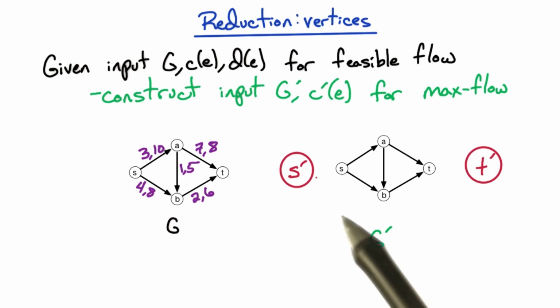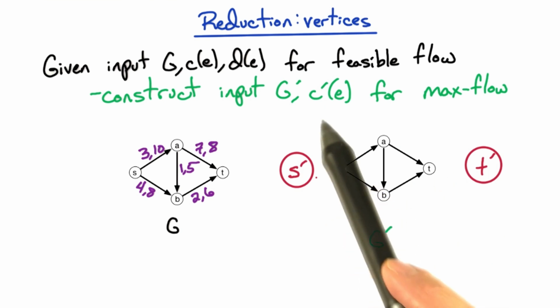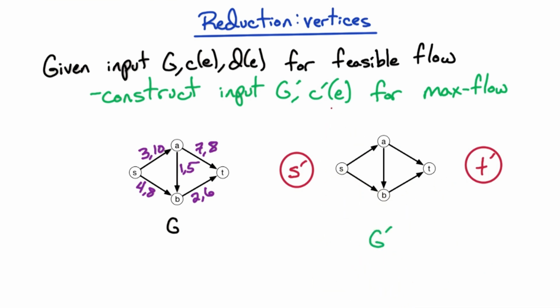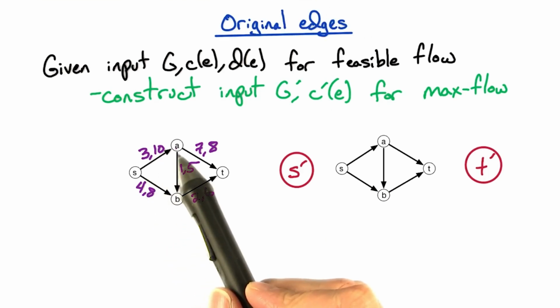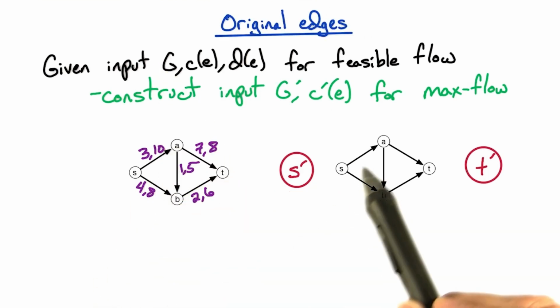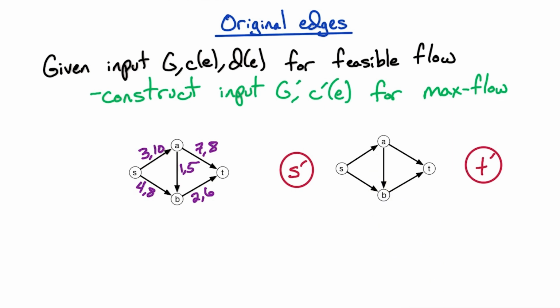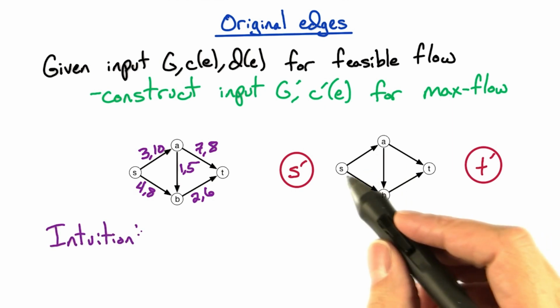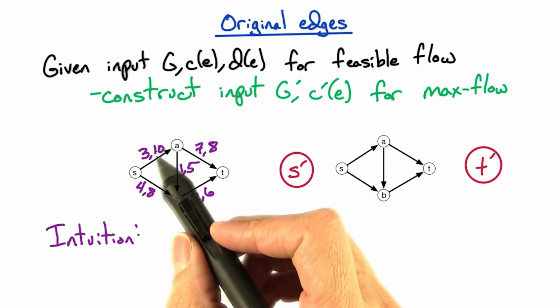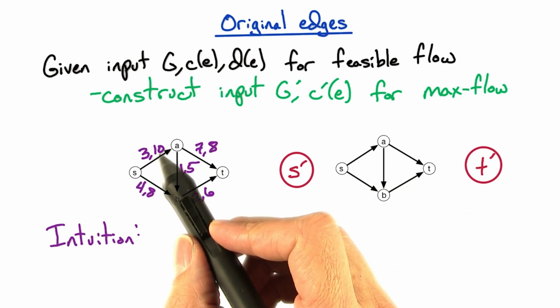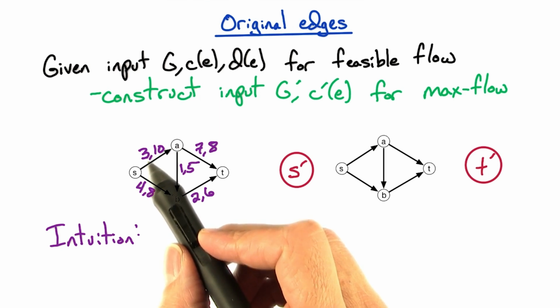Let's now look at the edges that are in this graph, and also the capacities along the edges in this new graph. Now the edges in the original flow network G remain in this new flow network G prime. What will change is the capacities along these edges. Now we want the capacities along these edges to capture the capacities along the original network and the demands in the original network.